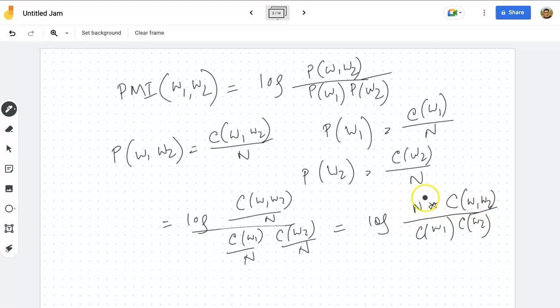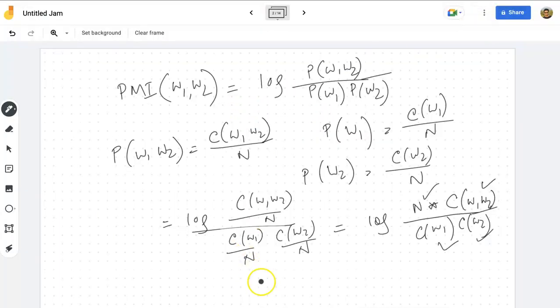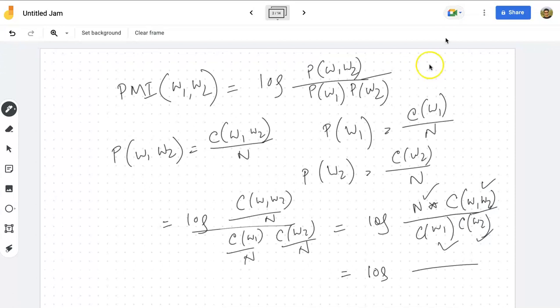So you know n, and you know all these things; they are given here. You just need to put them in and get the answer. n is given as 10 to the power 5.